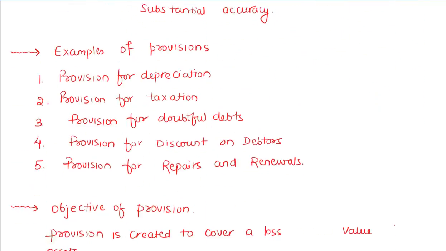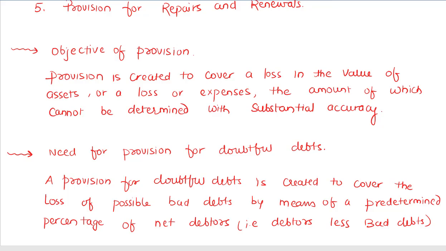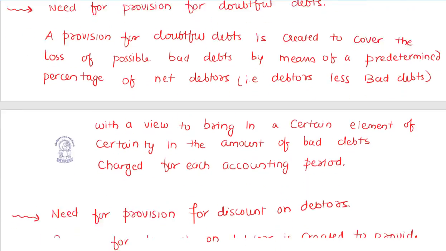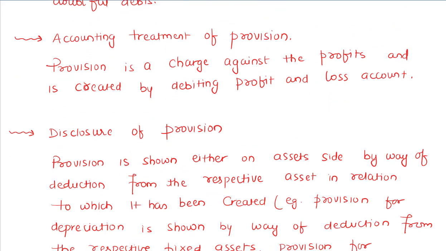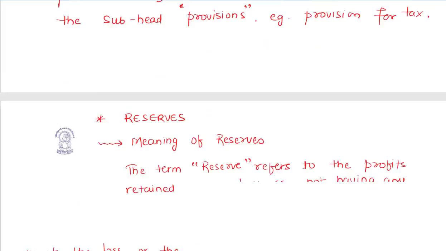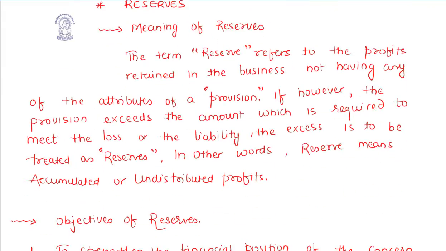Then we have learned the meaning of provision, examples of provision, objectives of provision, need for provision account, why it should be prepared, accounting treatment of provision, and the disclosure of provision.